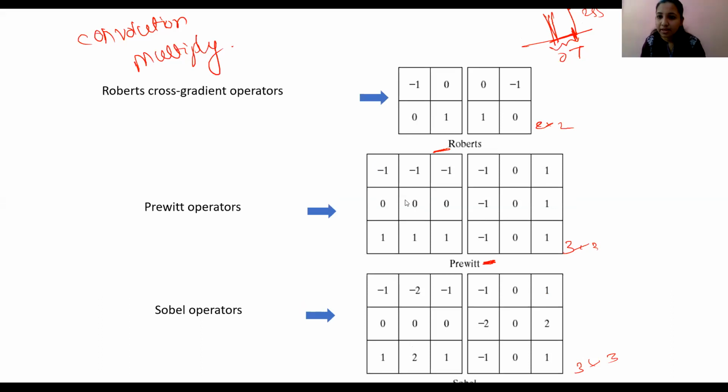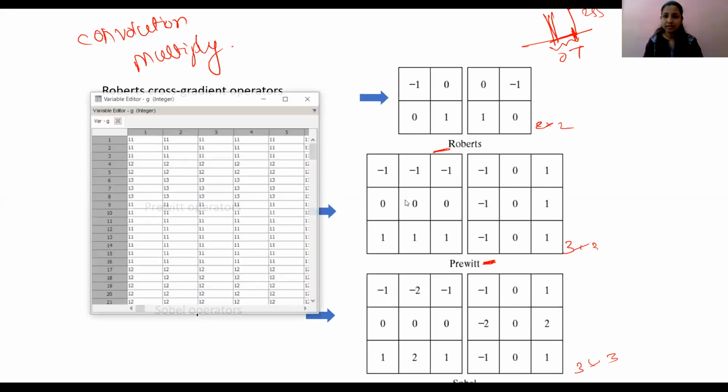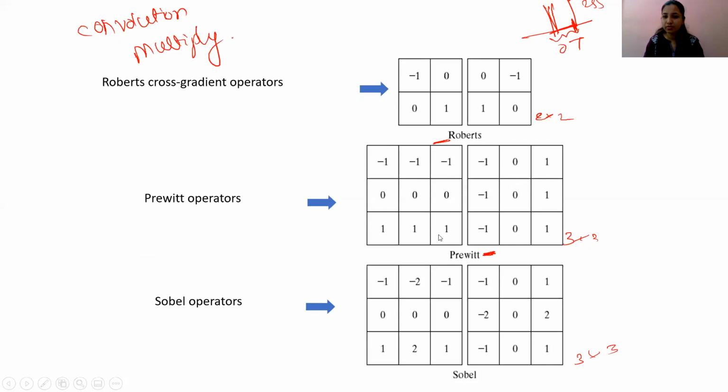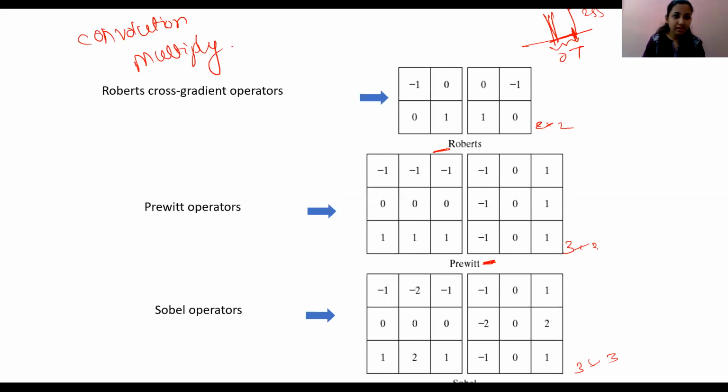Okay, so where is my G? This is G. Okay, this is big G. And what is the mask of Prewitt? This is the mask of Prewitt. -1, -1, -1, 0, 0, 0, 1, 1, 1 and above. ये mask है X direction के लिए, ये mask है Y direction के लिए. ये particular 3 by 3 values के लिए. ये जो blue highlighted किया है मैंने, उसके ऊपर वो दोनों mask apply करता है और उसका बाद में एक summation बनता है, जो summation से output का ये value change होता है.